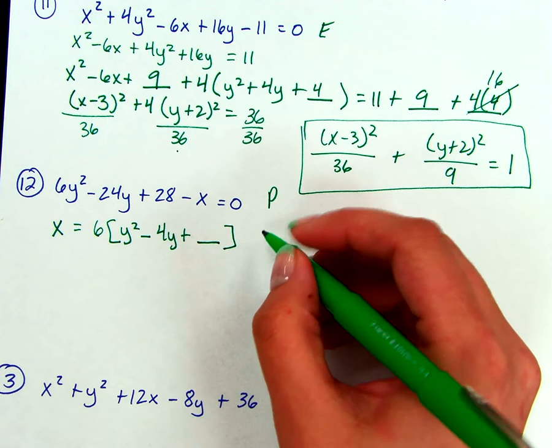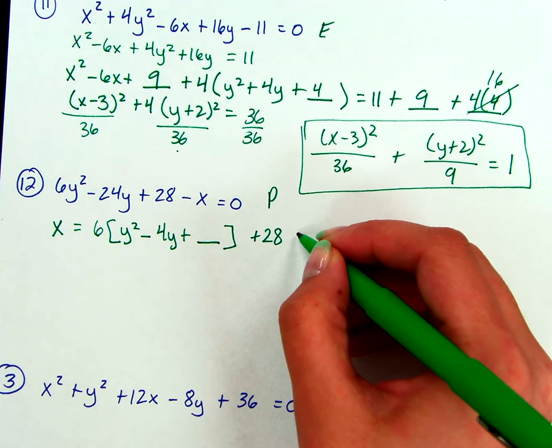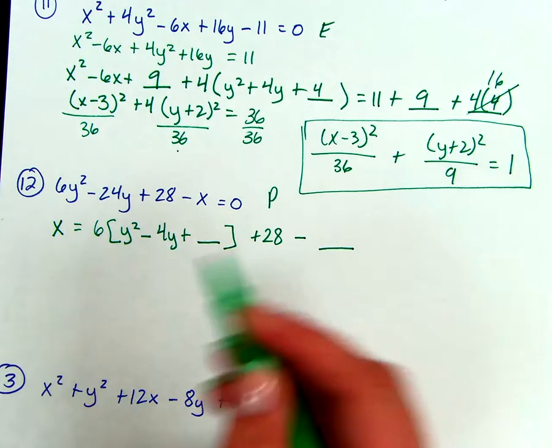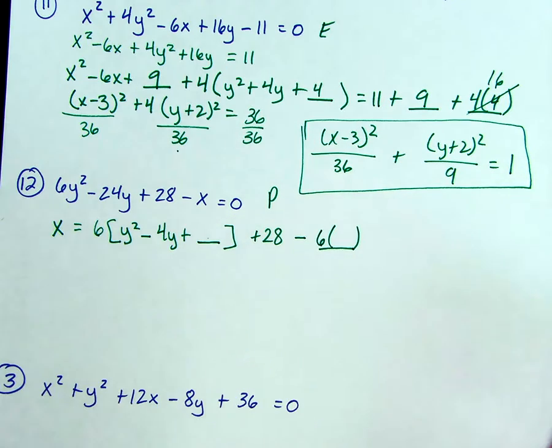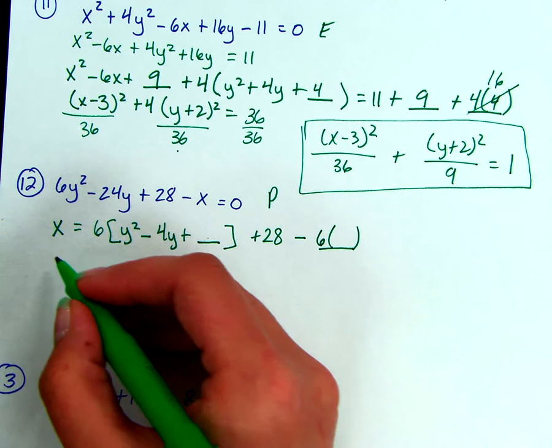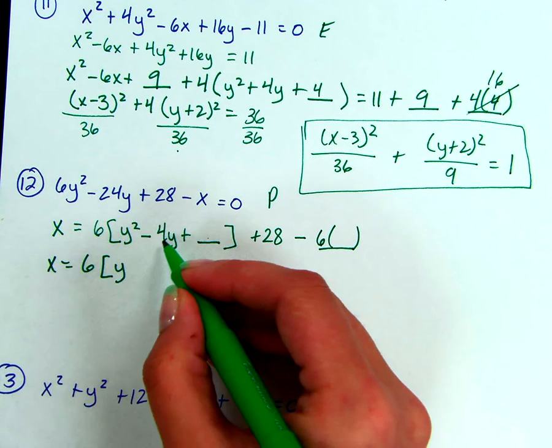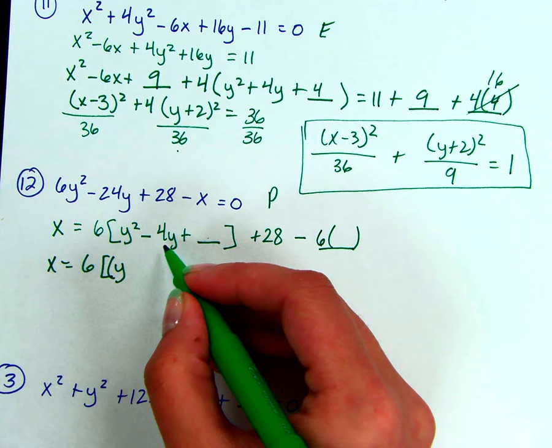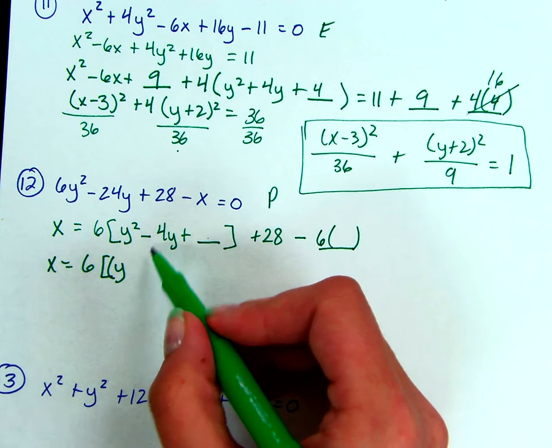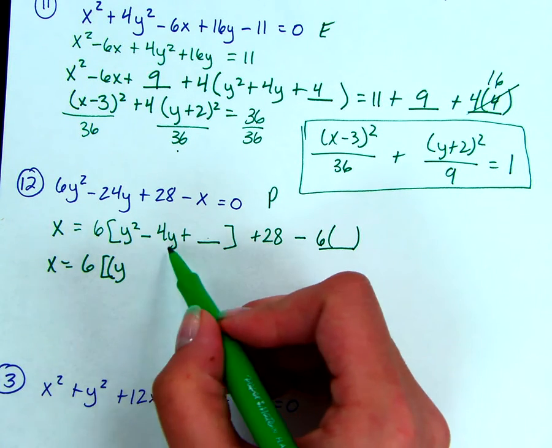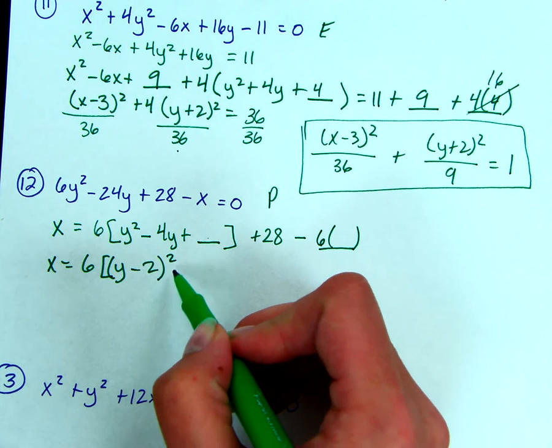And then plus 28. And then I'm going to subtract that same number. So again, we are distributing 6 to this, so I also need to take 6 times that number here. So x equals 6. And then y, negative 4 divided by 2 is negative 2 squared.